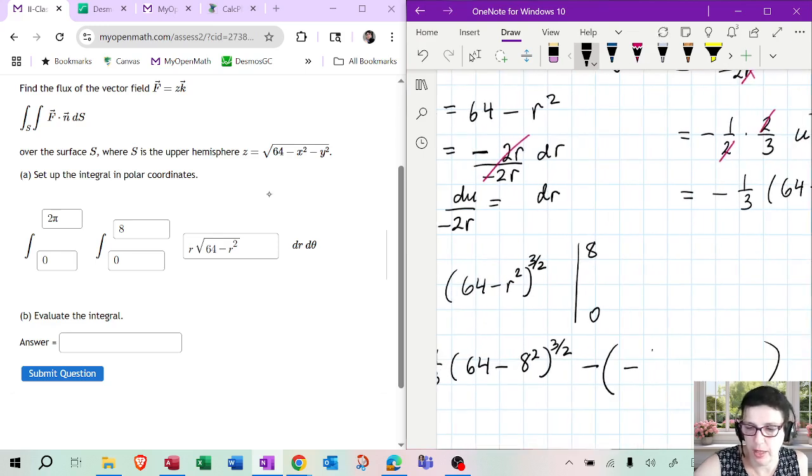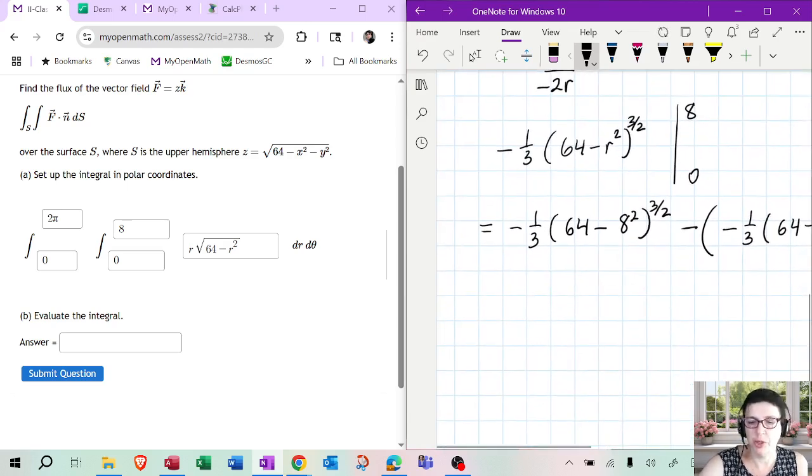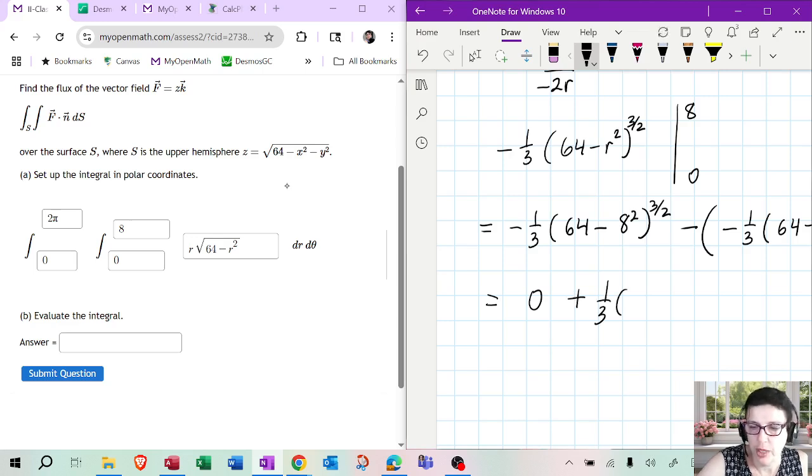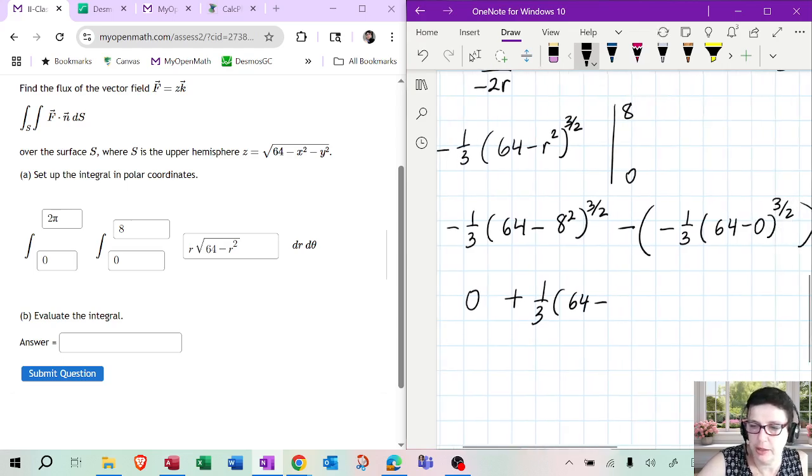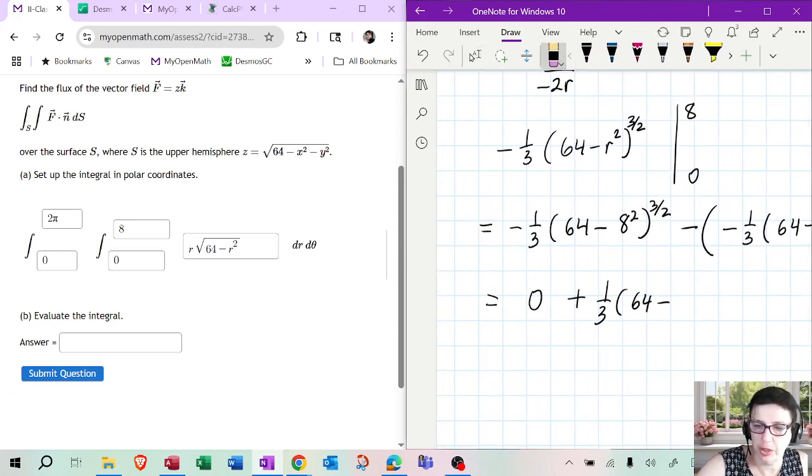So that would be negative 1/3 times 64 minus 0 squared, which is 64, to the 3/2 power. Okay, now what happens to the first term? So 64 minus 64, that's just 0. The two minuses become a plus 1/3. 64 minus 0 squared. Okay, so that's just going to be 64 to the power 3/2.